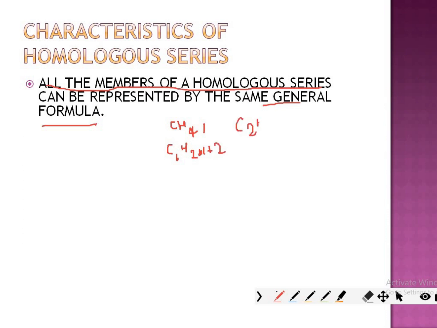For C2H6, the next one, we also have CnH2n plus 2, C2 and H 2 into 2 plus 2. So we can denote all the members of this homologous series as CnH2n plus 2.